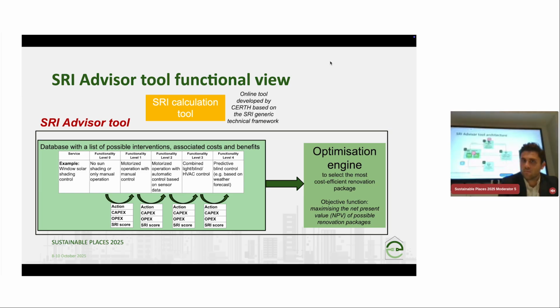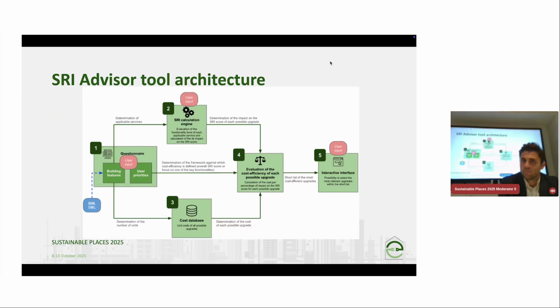This is the architecture of the tool, already presented by Stavros this morning. At the entrance of the tool, there is a questionnaire to collect the building features and characteristics, as well as user priorities. The second step is the SRI calculation engine in order to assess the SRI score of the building.